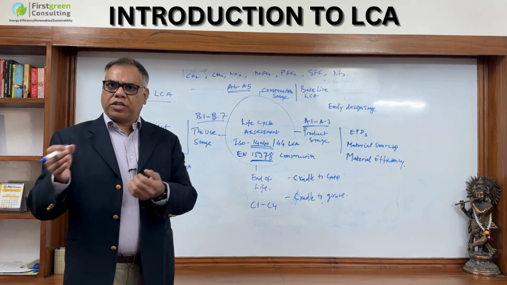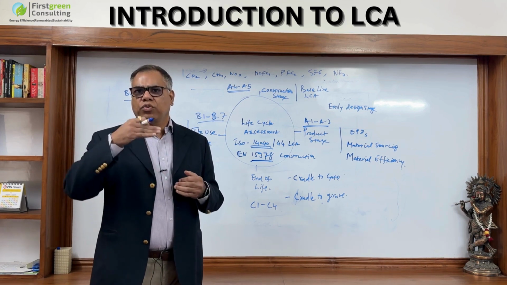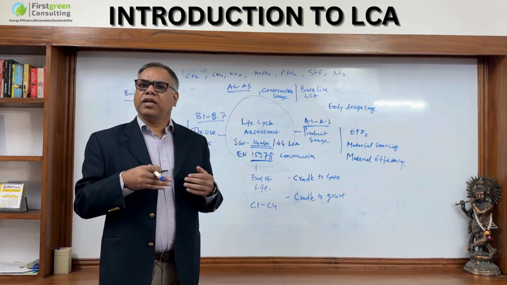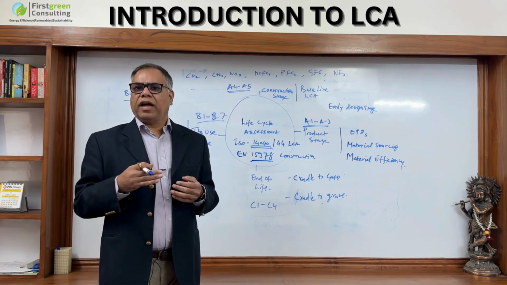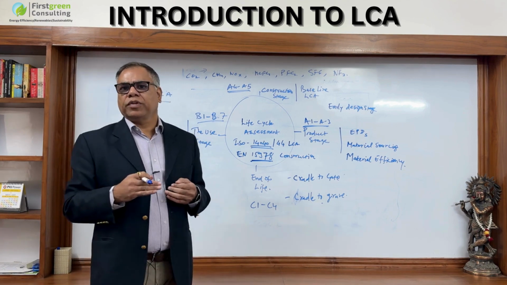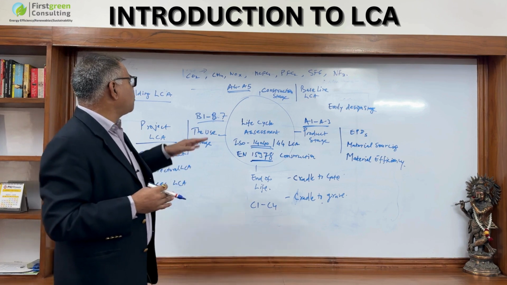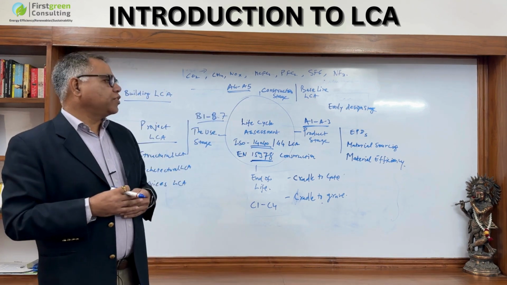That means you have transported material to the site, and suppose you are doing the brickwork. To do the brickwork, whatever emissions are happening, suppose you have sourced concrete from the factory, and now to pump the concrete slurry for slab casting, you are causing some emissions. They are part of the A4 and A5 stages of the life cycle assessment.